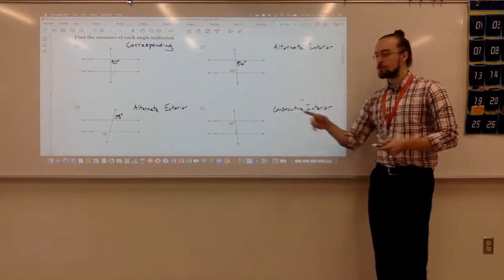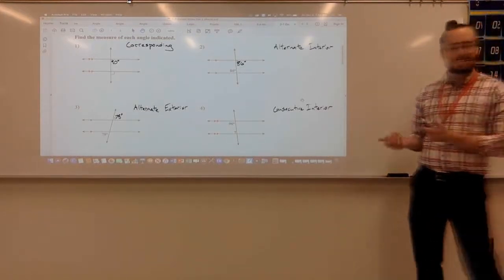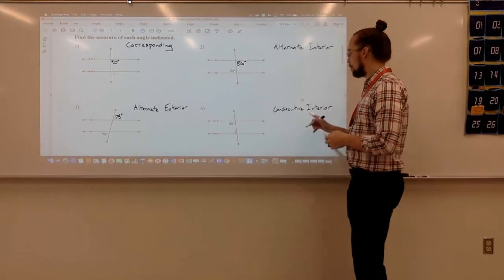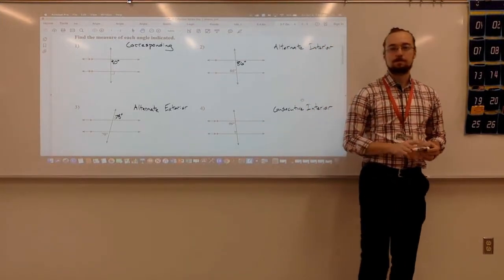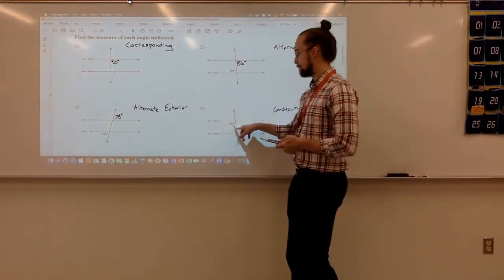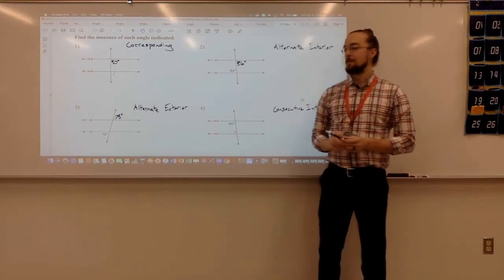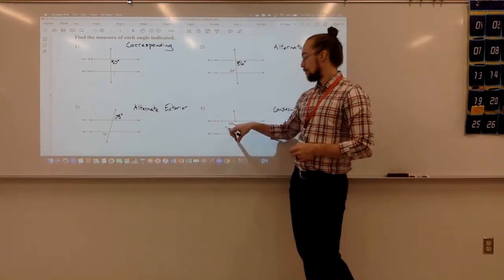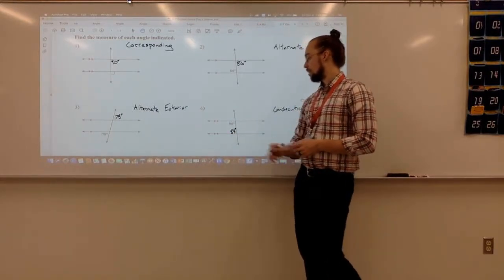So we also call this same side interior, but consecutive interior is probably more often what we'll see. So what's the relationship between these? They're both 96? No. They add to 180. They're supplementary. So if this one's 96, this one would be 84.